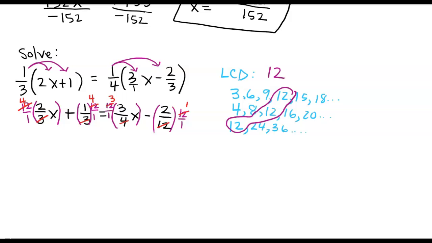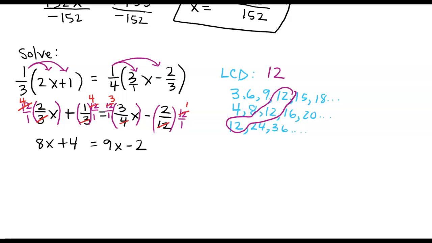So 4 times 2 times x is going to give me 8x. Then 1 times 4 gives me 4. And then 3 times 3 times x gives me 9x. And then 1 times 2 gives me that 2.